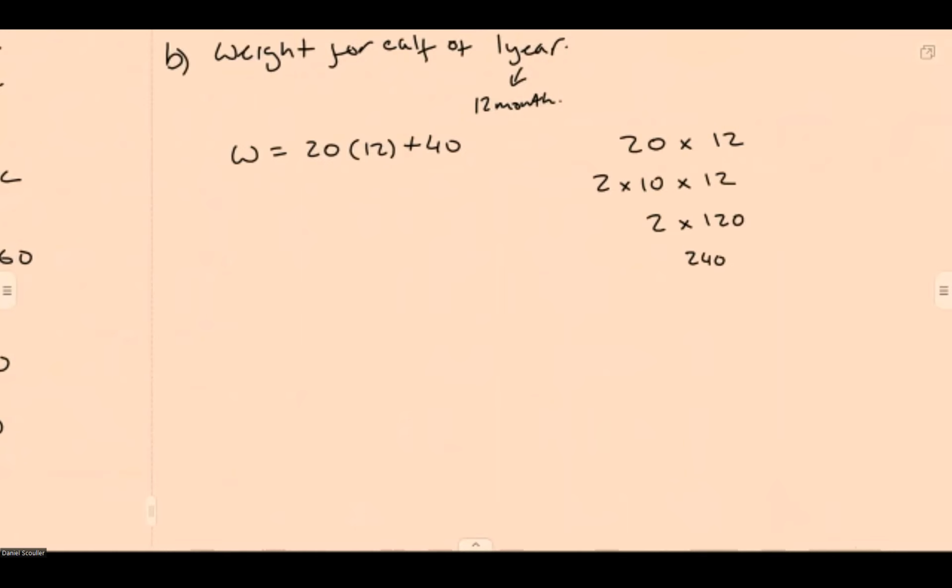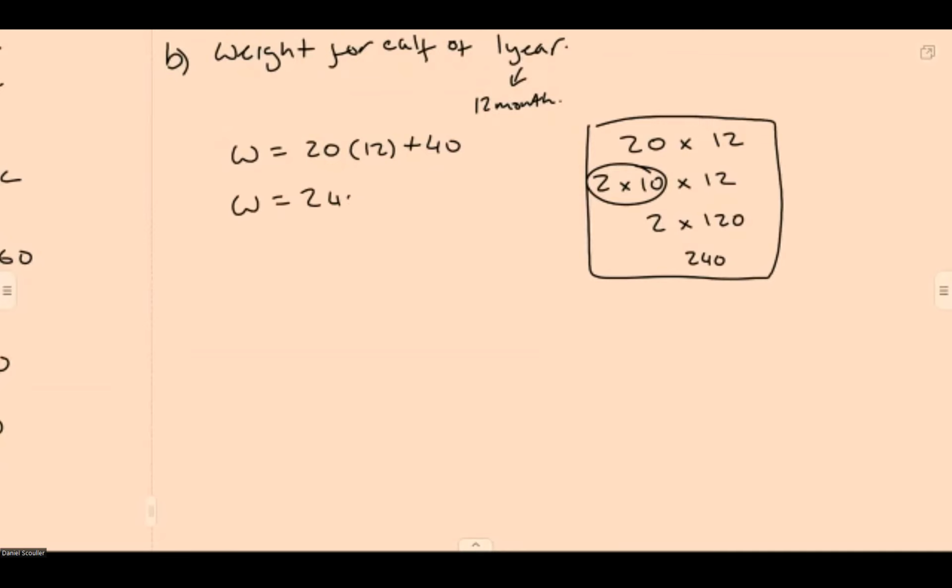So remember you can break multiples down if you wanted. You can break that 20 down into 2 times 10, and then rearrange it a wee bit. Okay, so that's a good thing to be aware of and be comfortable doing. Okay, so w equals 240 plus 40, 280, and our weight is in kilograms.